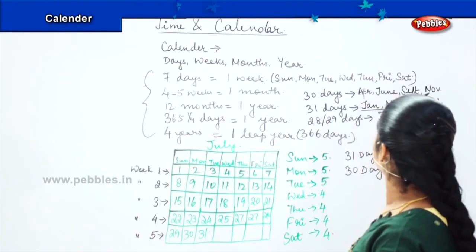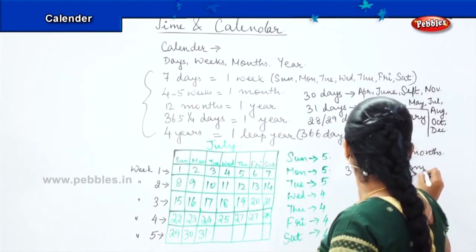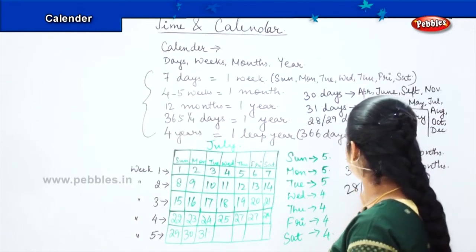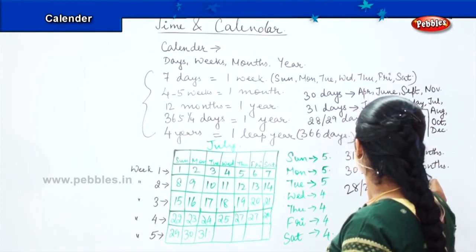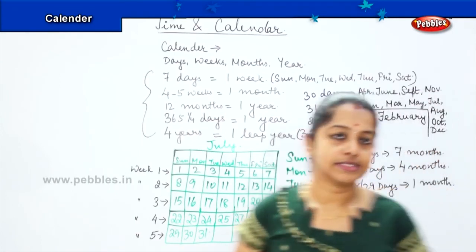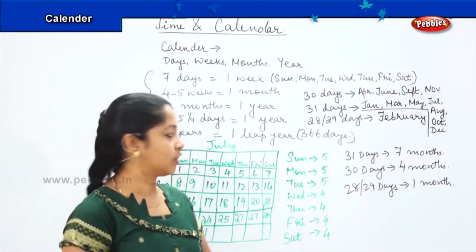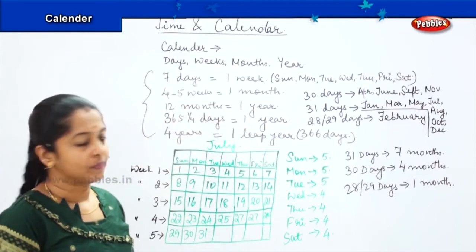It's 1, 2, 3 and 4. So 4 months have got 30 days. And which is the only month which has 28 or 29 days? Very good. It is February. So only 1 month has 28 or 29 days, and that is called your shortest month in a year. So all put together, we have 12 months in a year.